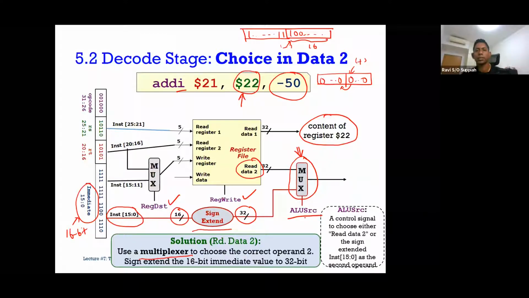As the name suggests, ALU source decides the source of the data for the ALU stage. One source is fixed, which is read data 1. The second source is the one we need to make a decision on: is it read data 2, or is it the data extracted from the immediate field of the instruction? That is the decision we make through this multiplexer and control signal.